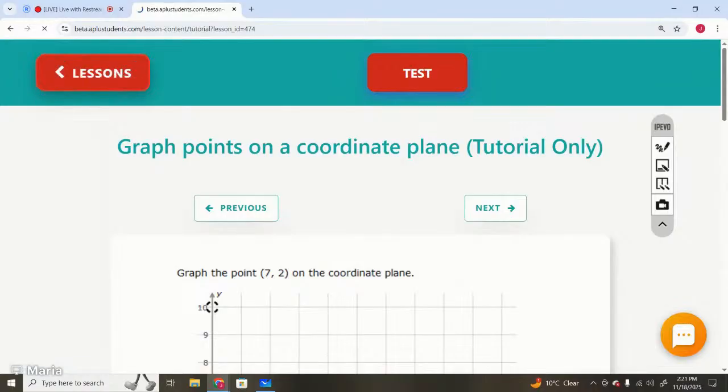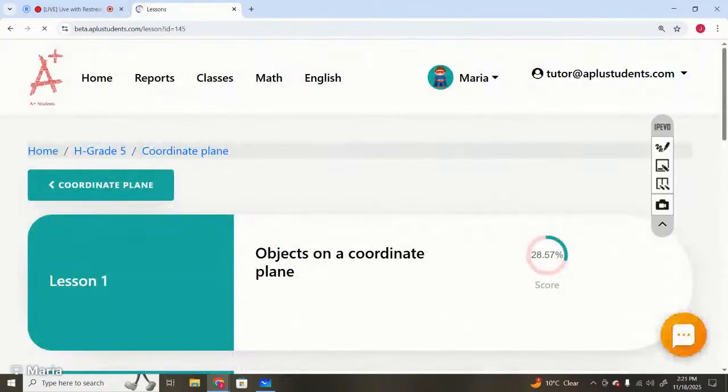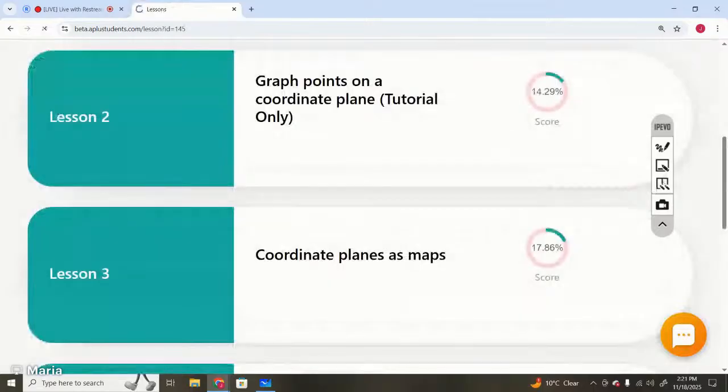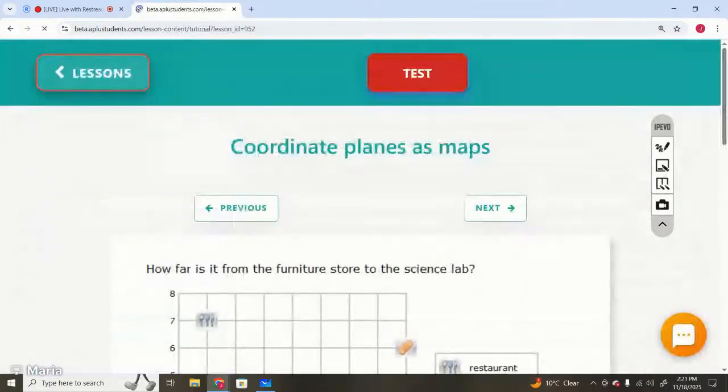The next lesson is coordinate planes as maps. So we can use the coordinate planes as map. So let's just start with the lesson.